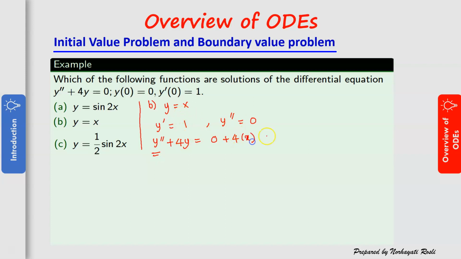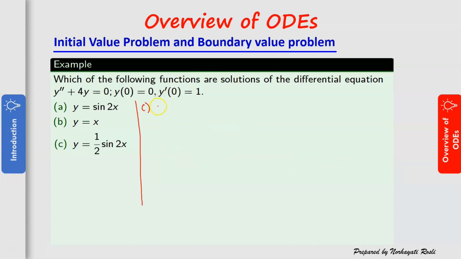So 4x, which is equal to 4x. You can see, based on this one, our y double prime plus 4y equal to 4x is not equal to the right hand side of this equation, which means not equal to 0. So in this case, we can say that y equal to x is not a solution of this differential equation.